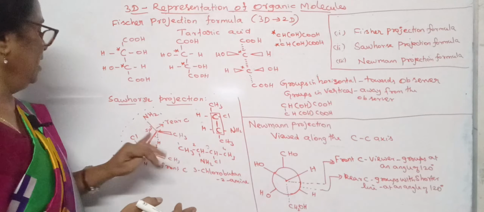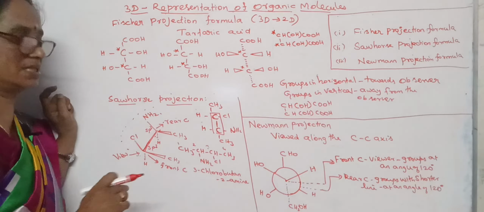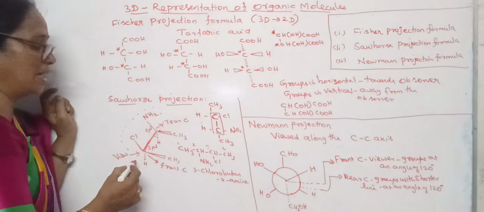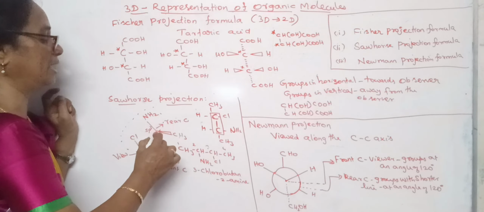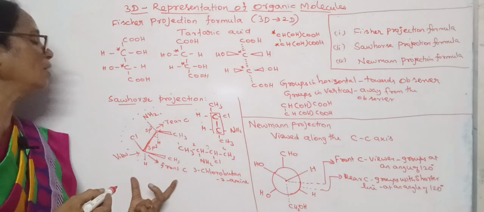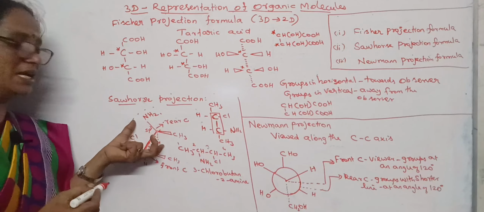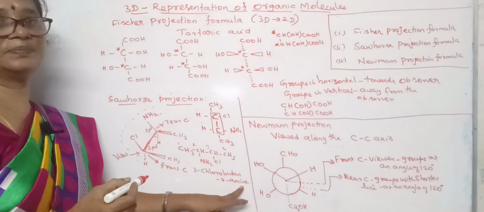Next, both the carbon atoms are sp3 hybridized. One sp3 hybridized carbon makes the front portion, and the other becomes the rear carbon. The molecule taken for explanation here is 3-chlorobutan-2-amine.